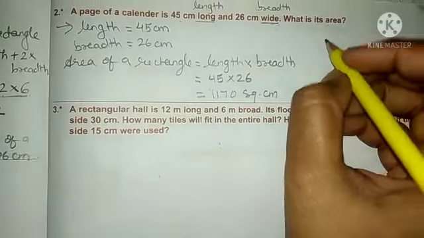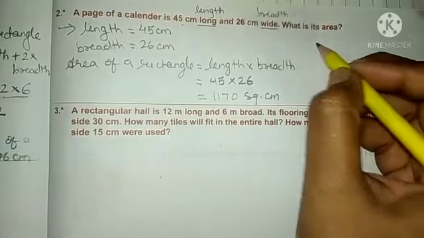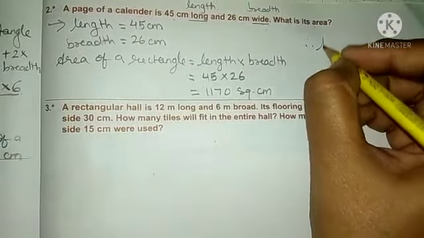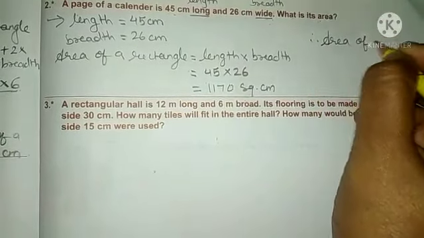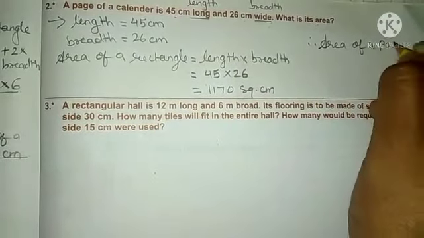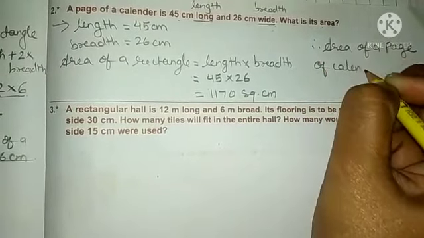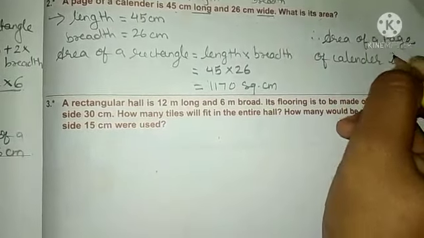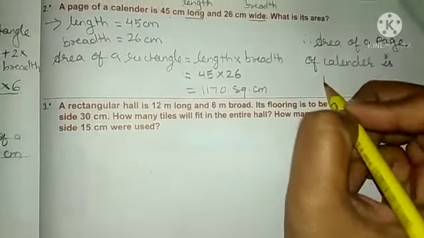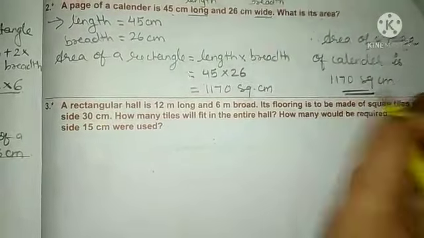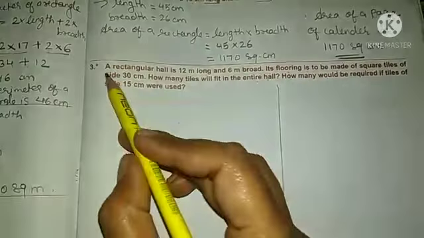What is the area of the page of a calendar? So here we will write down, area of a page of calendar is 1170 square centimeter. Clear?